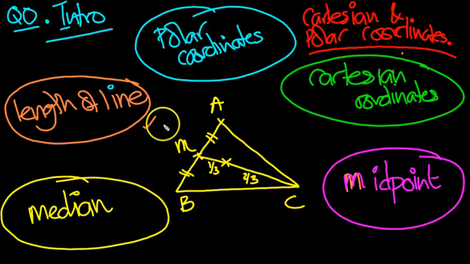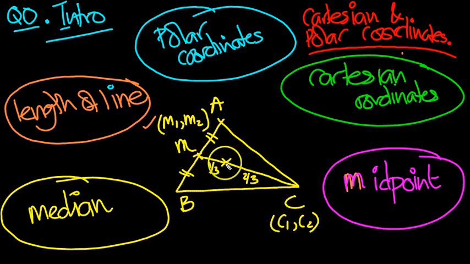So if this M were, say, M1 and M2 as coordinates, and suppose this was C1 and C2 as coordinates, then to find the third of the way up, you'd start from M1 and add a third of the difference.